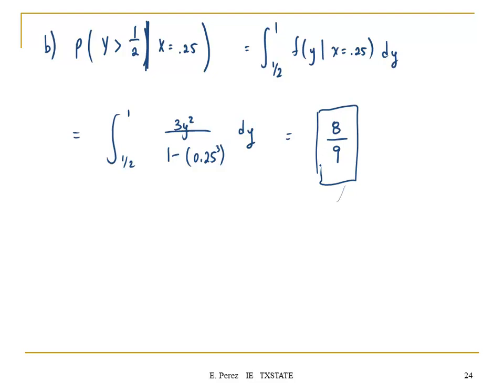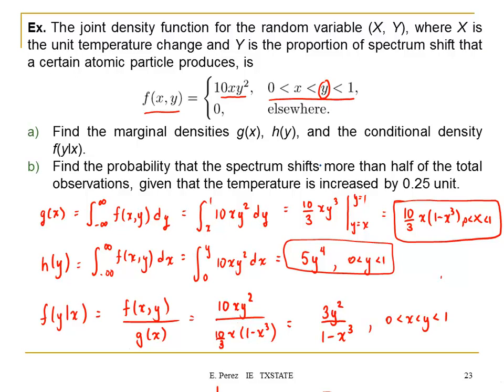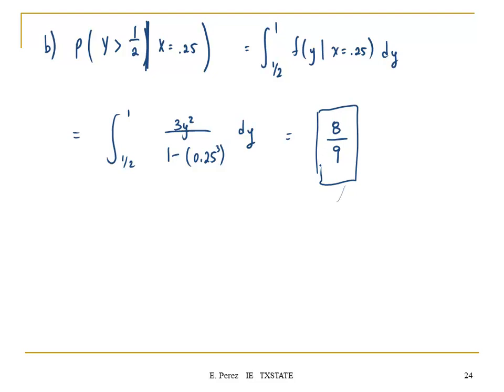Okay, so we know the expression right here. Now we know that x is going to be equal to 0.25, so we can substitute that number here and get this expression. And when you solve and integrate with respect to y, you get the probability of y being greater than 1/2, given that x equals 0.25.